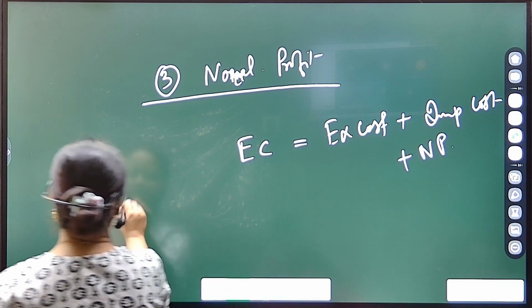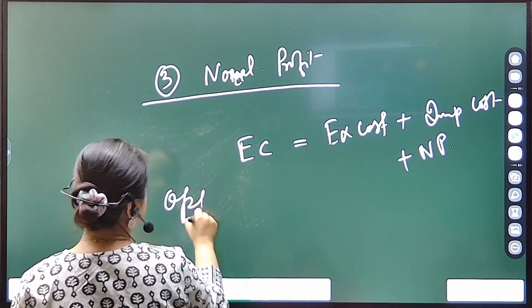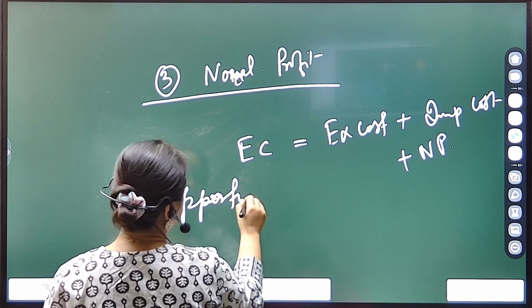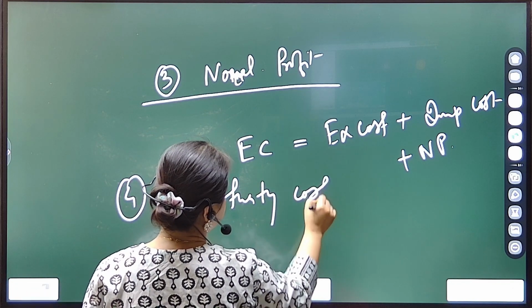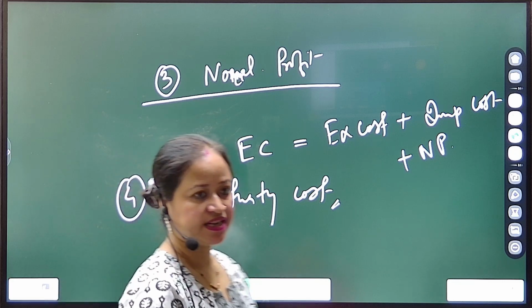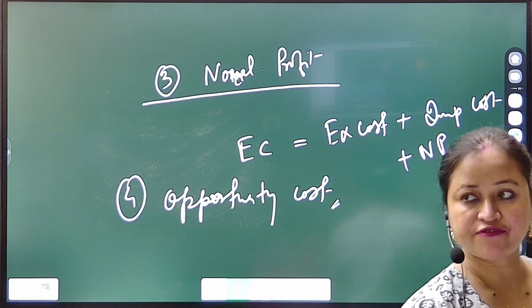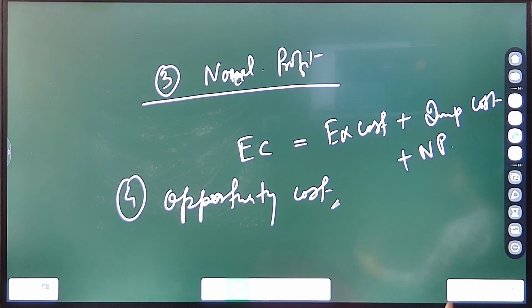And number 4 is your opportunity cost that we have already discussed, right? Opportunity cost, the cost which is carrying for what? For next best alternative, which is sacrificed or foregone, right?